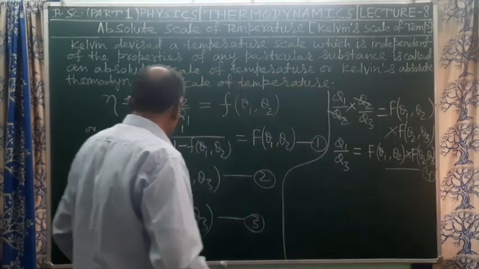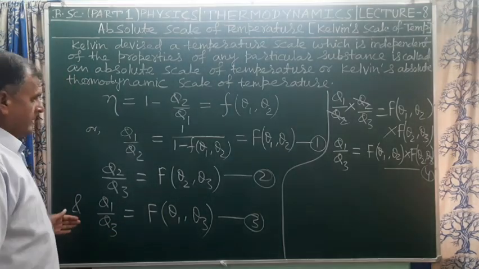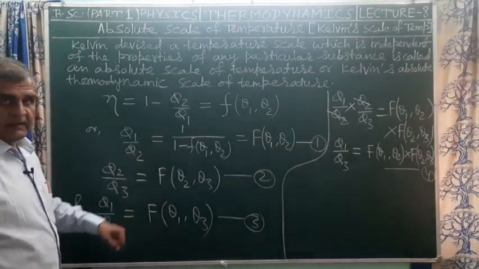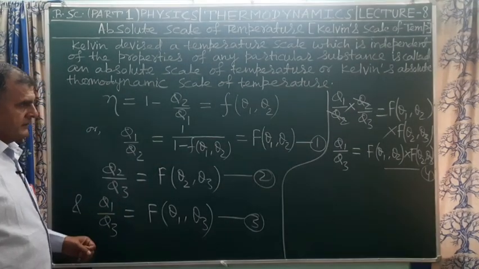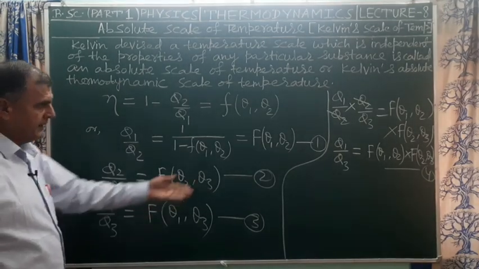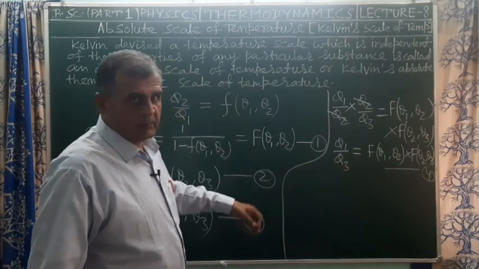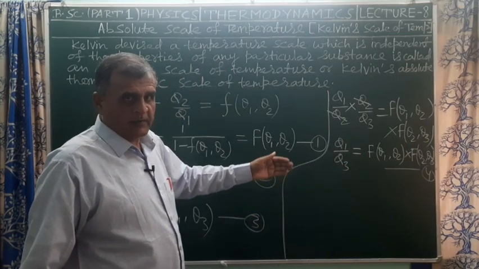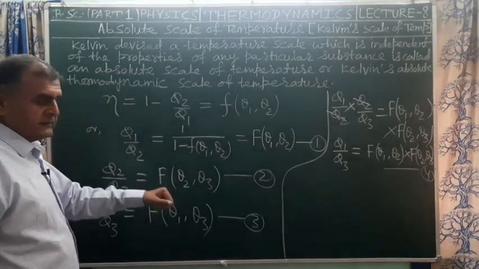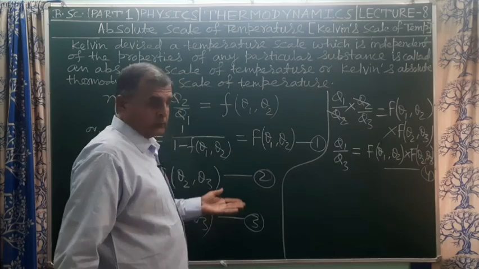Now comparing equations 3 and 4. In both equations, Q1 by Q3 is present in LHS. That is, Q1 by Q3 is present in LHS of equation 3 and also in LHS of equation 4, which we have just obtained. So RHS of both equations, that is equation 3 and equation 4, will also be equal.